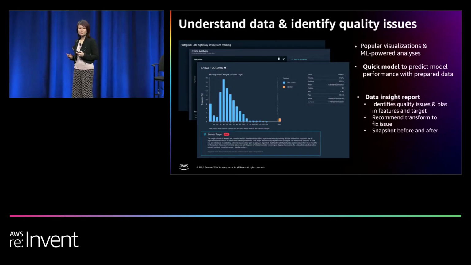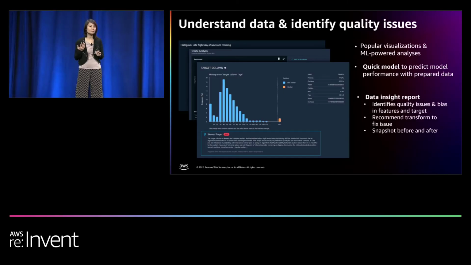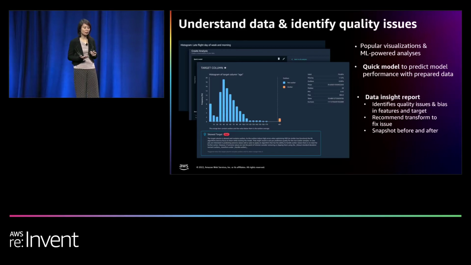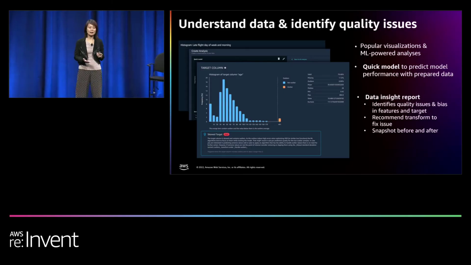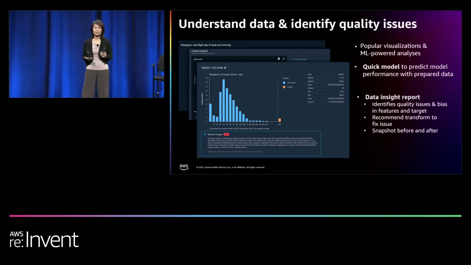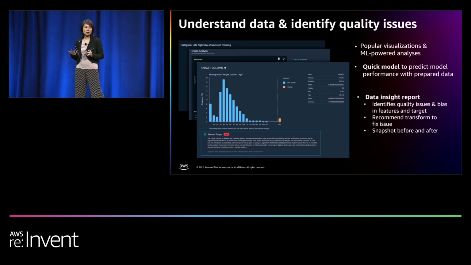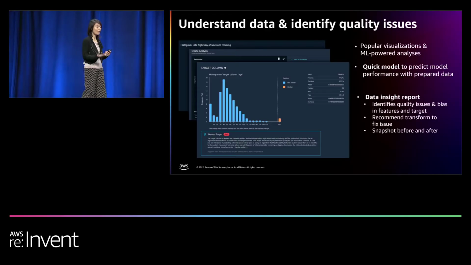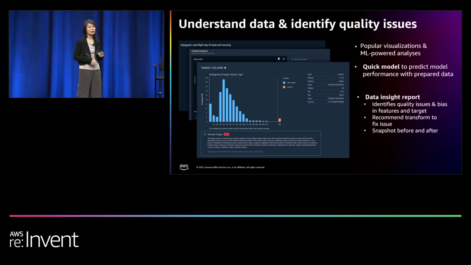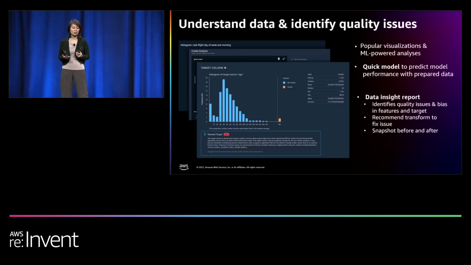Earlier this year, we also launched the Data Quality Insights Report, which quickly became one of the top used analyses in Data Wrangler. It automatically generates analysis and visualization on your behalf and uses machine learning powered insights to identify key quality issues that you have to address in your data, such as outliers, missing data, and target column-specific issues like skewed target and rare class that will affect your machine learning model.